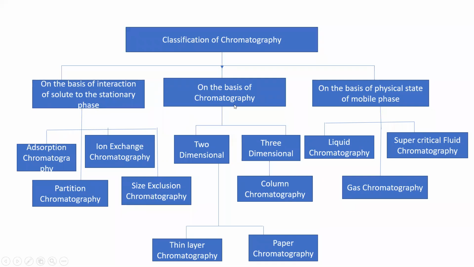Then, on the basis of the shape of the stationary bed, it can be two-dimensional, which is further divided into thin layer chromatography and paper chromatography, or three-dimensional, which is column chromatography. Then, on the basis of the physical state of the mobile phase, there are three types: liquid chromatography, supercritical fluid chromatography, and gas chromatography.